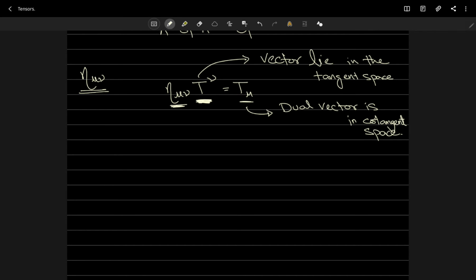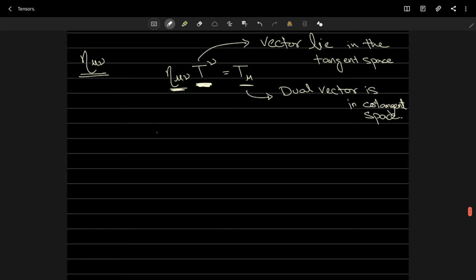And likewise, if I had eta with upper indices, it would do the vice versa, right?